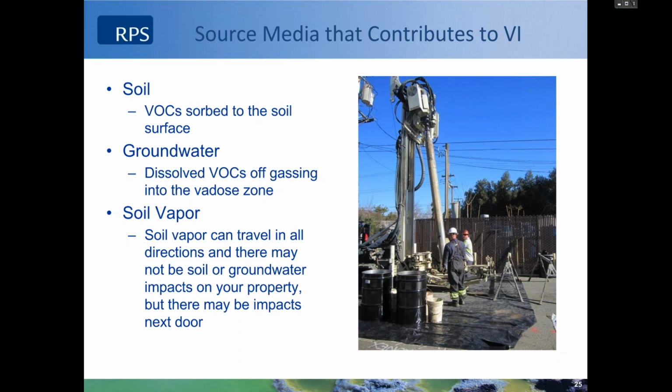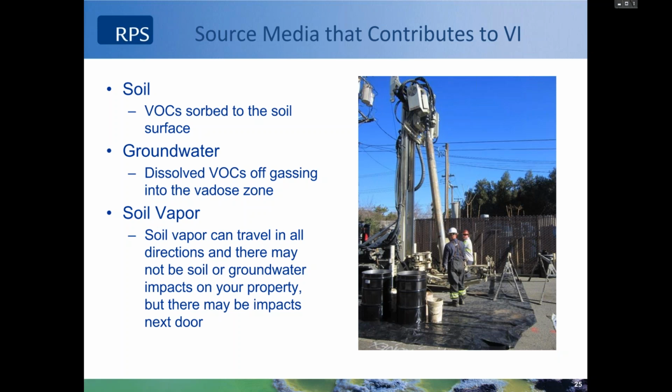If the chemicals get down into your groundwater and you've got a dissolved chemical plume in groundwater that's traveling underneath your site, you might see some off-gassing of vapors coming into your building. And here, just for those who don't know, the vadose zone that we talk about, and this might come up a couple times, the vadose zone is the area above groundwater where the soil isn't necessarily saturated.